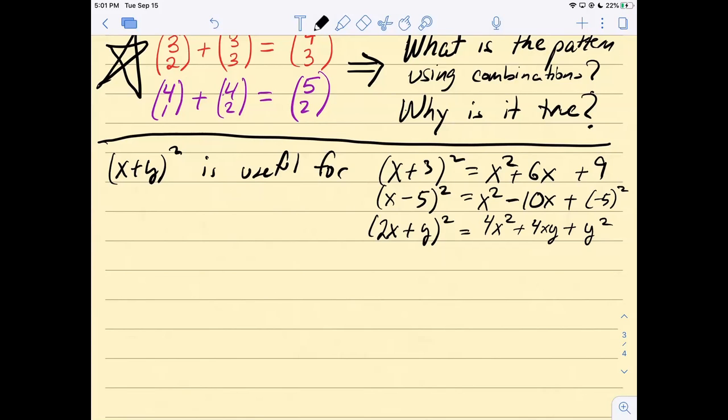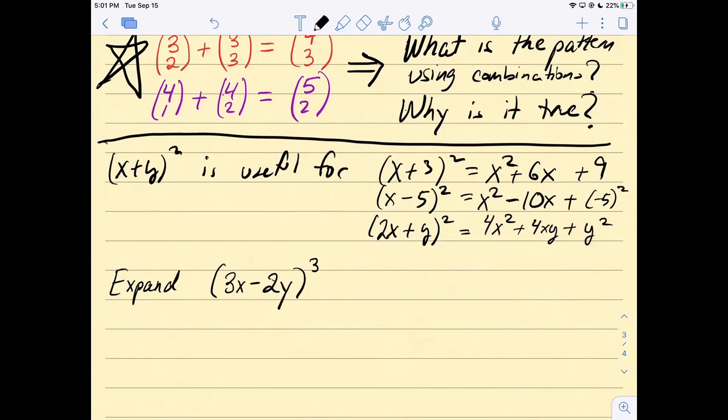So let's do an example. Let's expand 3x plus 2y, or let's do 3x minus 2y to the third.